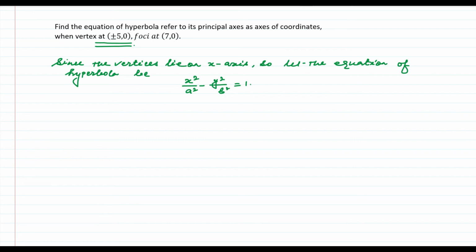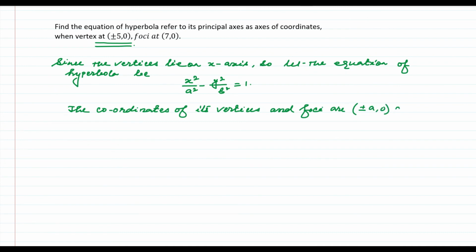The coordinates of the vertices and foci. We know they are plus minus a comma 0 and plus minus ae comma 0 respectively.